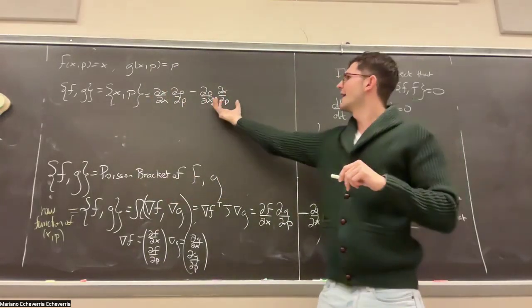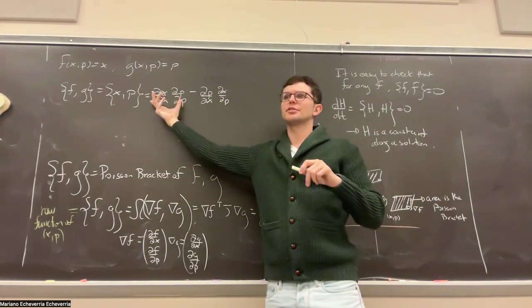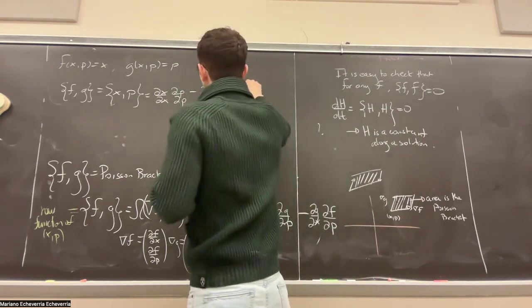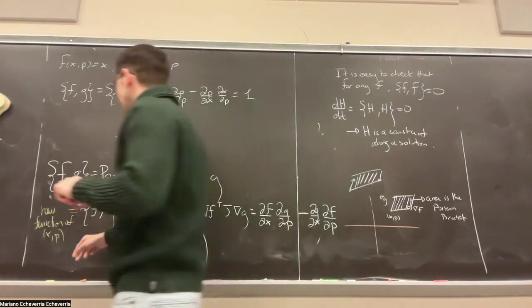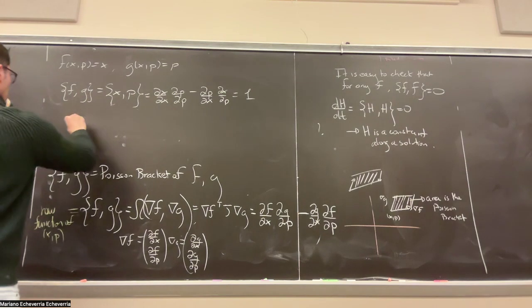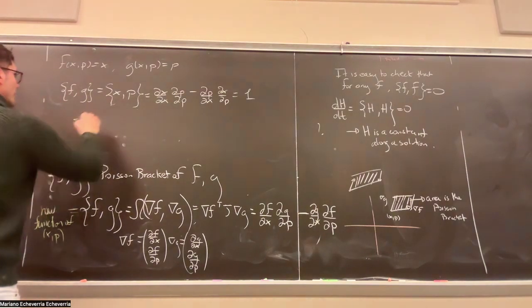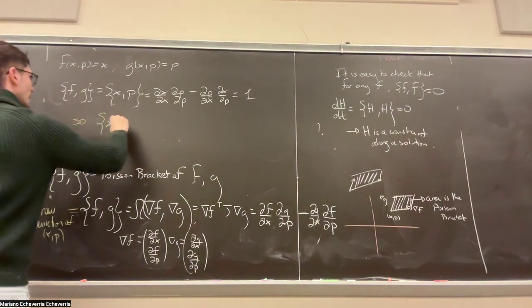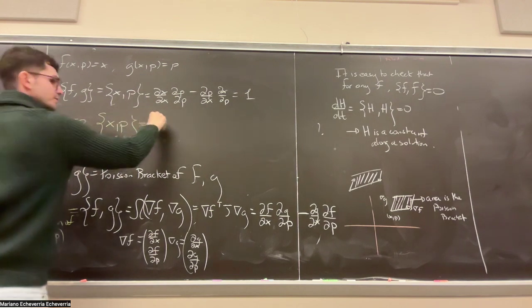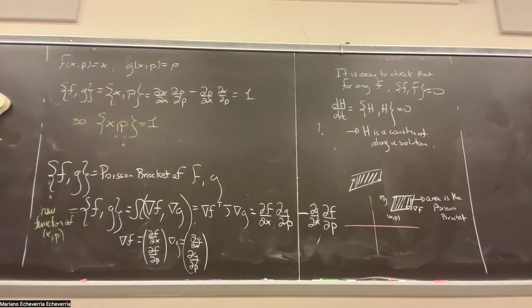And so this vanishes, and this is 1 times 1, so you just get 1. So that means, and this is a very important thing, that the Poisson bracket of x with p equals 1. Does that make sense?